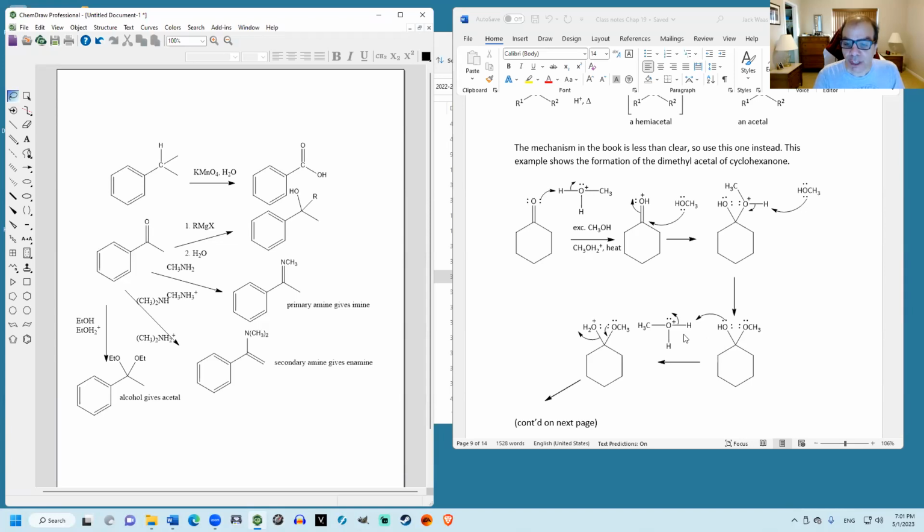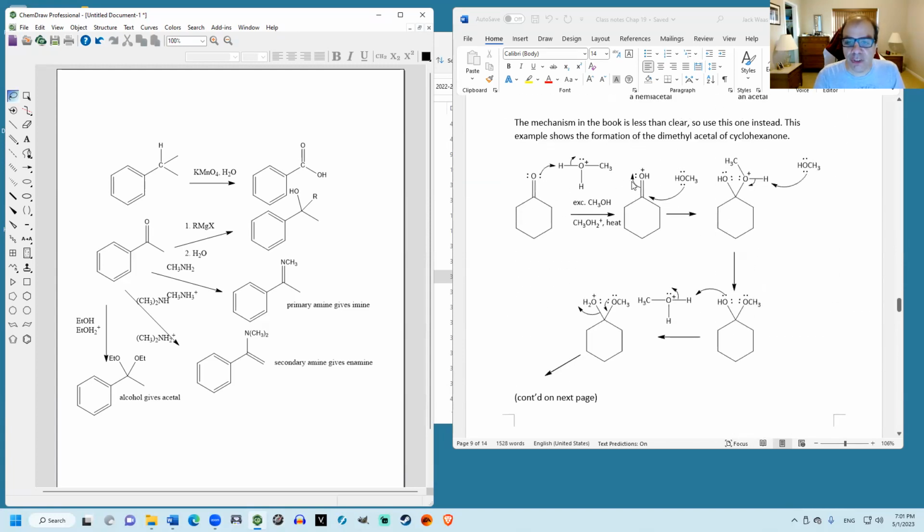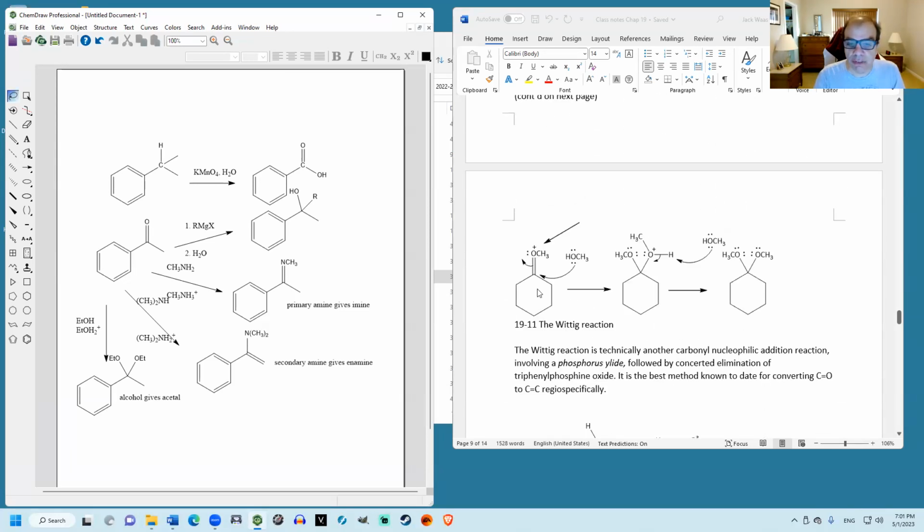So we pick up a proton from the conjugate acid, and then the molecule loses water with help from one of the lone pairs on the alkoxy group that's now already installed. And we get what looks very similar to this intermediate, except instead of OH, it's O-alkyl.